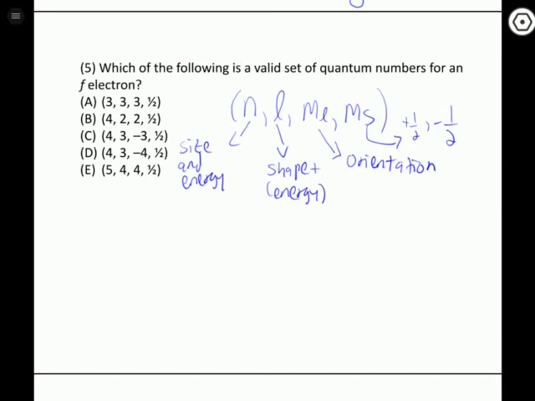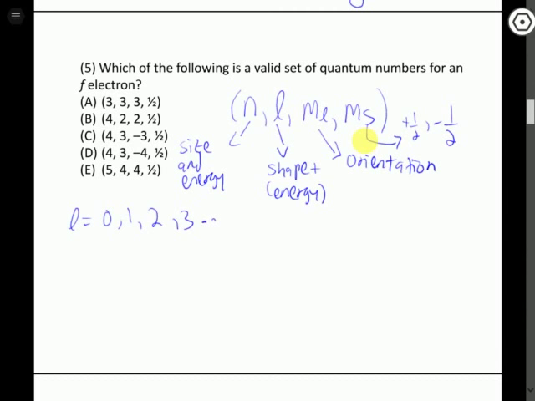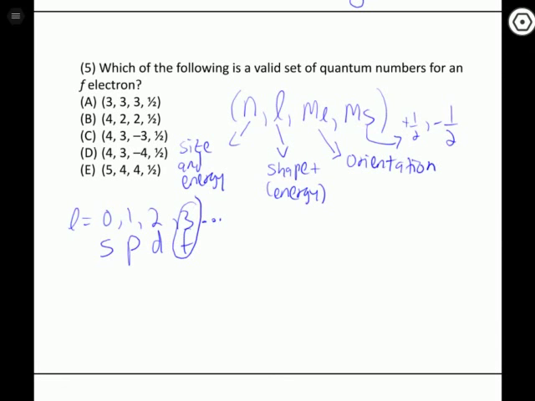L can be equal to 0, 1, 2, 3, and so on, and the ones that we find in real atoms that exist on Earth are s, p, d, and f, and these correspond directly to those letters. So if we have an f electron, that means L equals 3. That means the second number in these series has to be equal to 3. So any of the ones that don't have that, we can cross out right away.